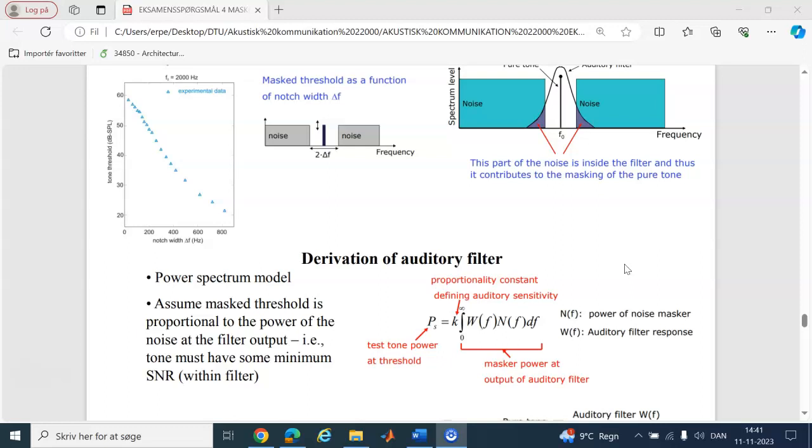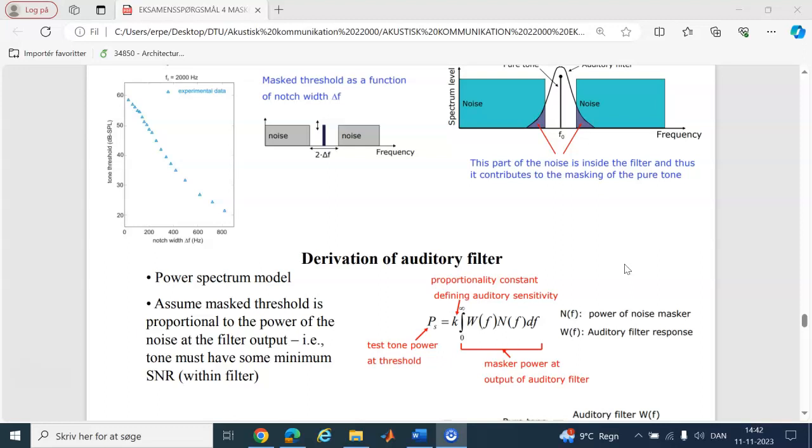We call the test tone power at threshold PS. There's some mathematics here: an integral with a proportionality constant in front. Under the integral sign is the masker power at the output of the auditory filter.